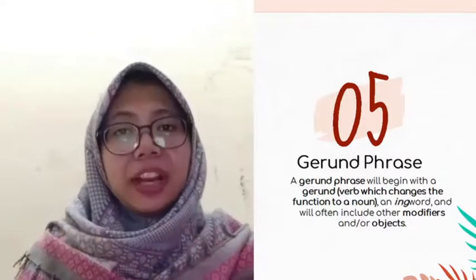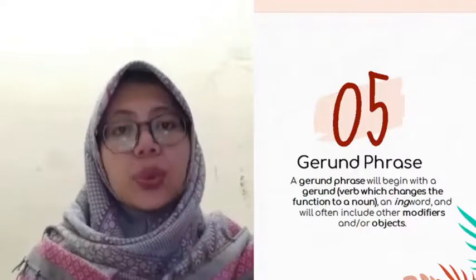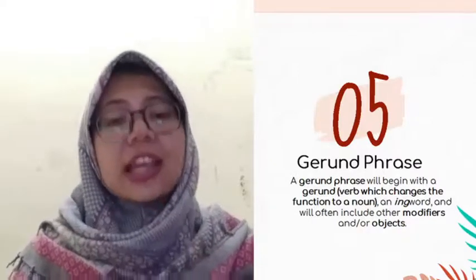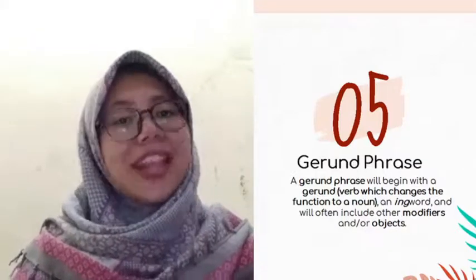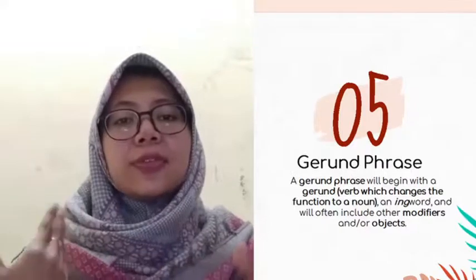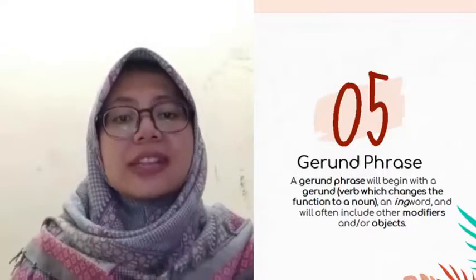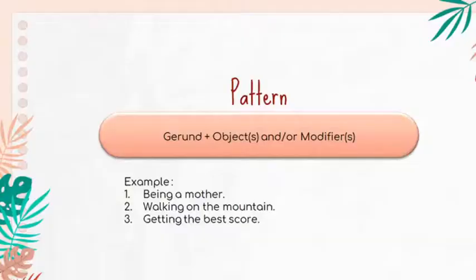A gerund phrase always functions as a noun, so it becomes the subject, complement to the subject, or the object in the sentence. Okay, let's know about the pattern of gerund phrase.